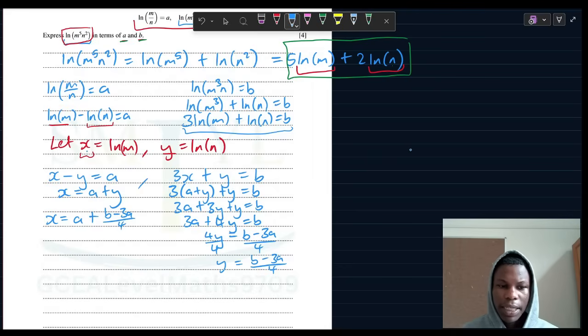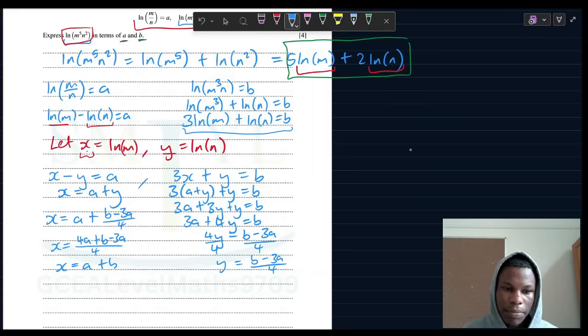Okay. Maybe let's just put everything on one common denominator here. So over 4, and then that becomes 4a plus b minus 3a. And if you simplify this, 4a minus 3a, that's just a, and that's plus b, and that's over 4.